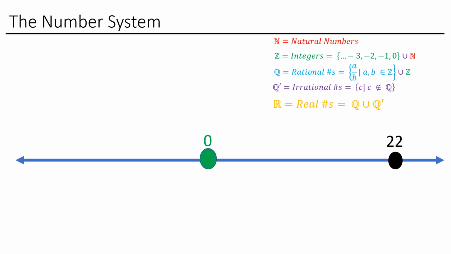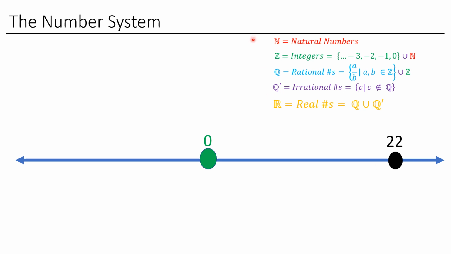So let's do that with the number 22. Let's define all of the different number systems that 22 belongs to. Of all of these different systems, which one does 22 belong to?